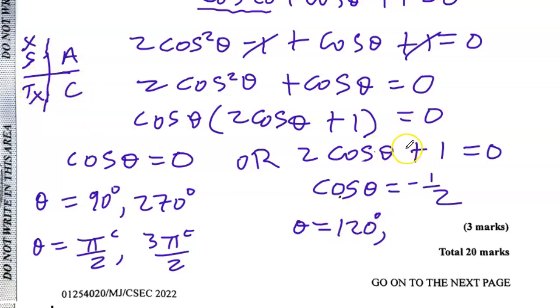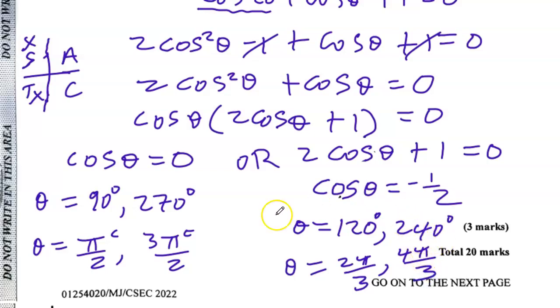You get 240 degrees. And if we should convert these angles to radians, you multiply each angle by pi over 180. So multiply 120 by pi over 180, you end up with 2 pi over 3. And if you multiply 240 by pi over 180, this reduces to 4 pi over 3.